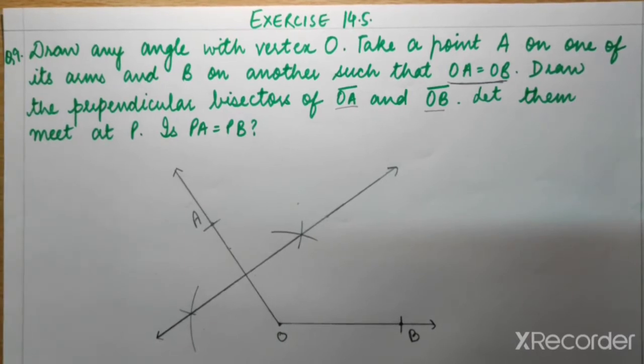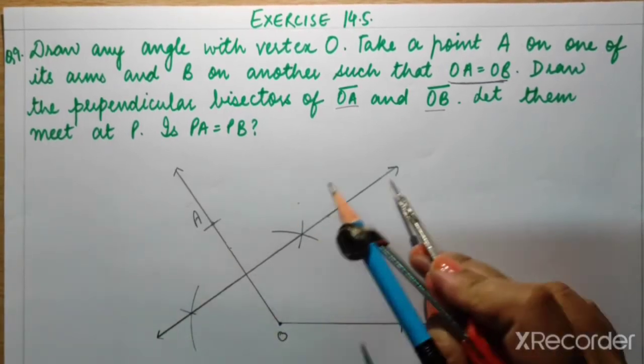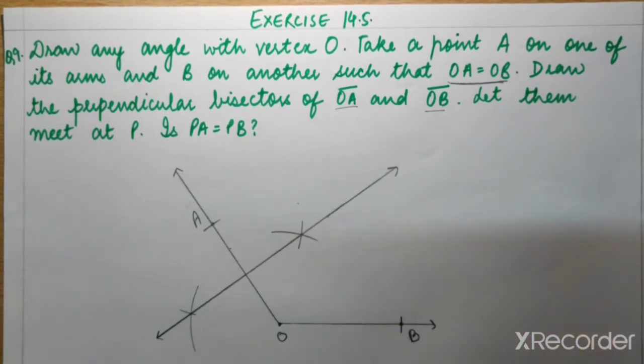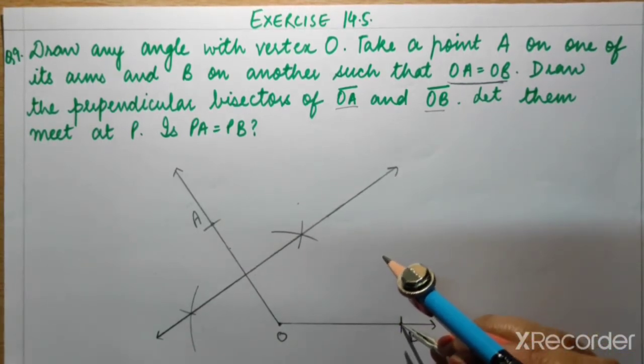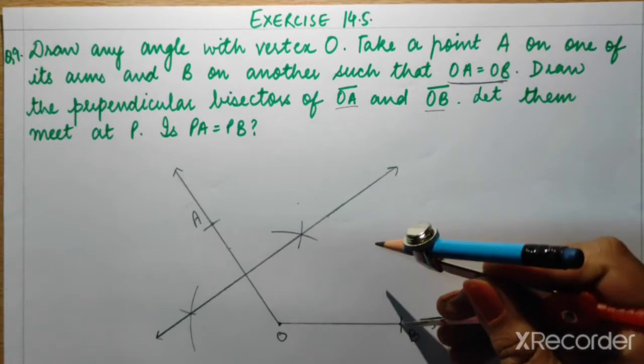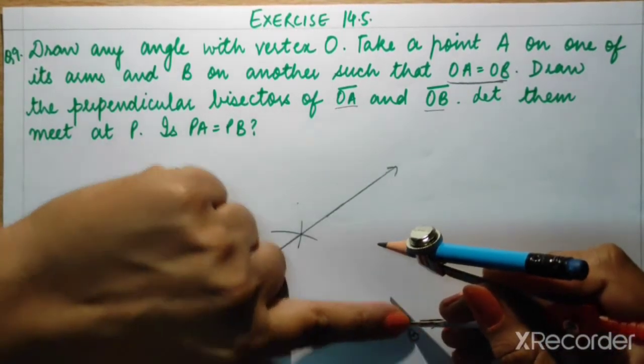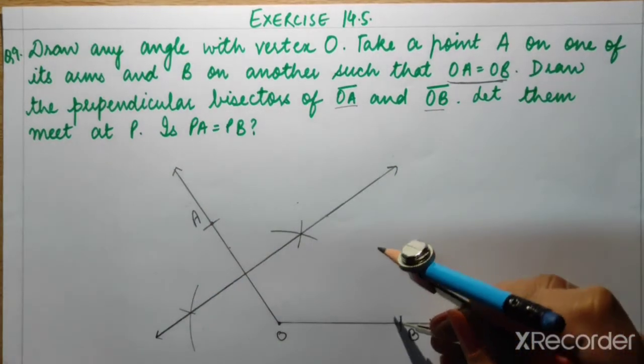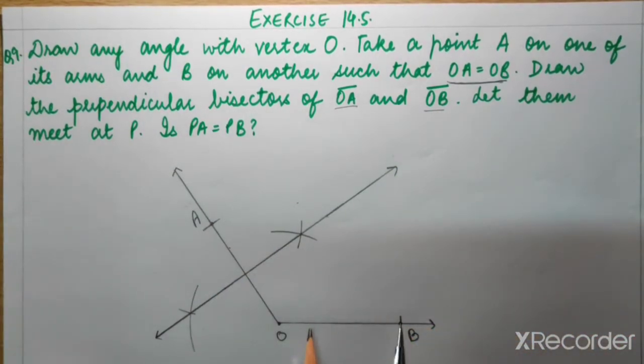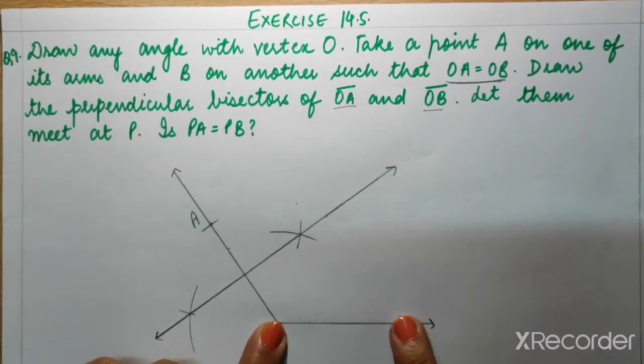So first draw this perpendicular bisector and then draw the other one. Now this is the line segment OB, so two arcs from below and two arcs from above the line segment. You can change the length of the compass, but make sure it is more than half of OB.